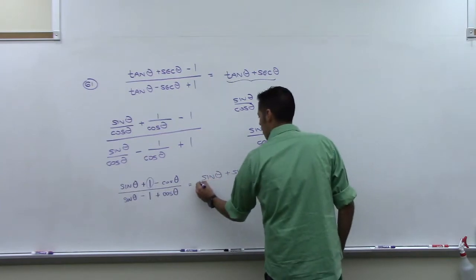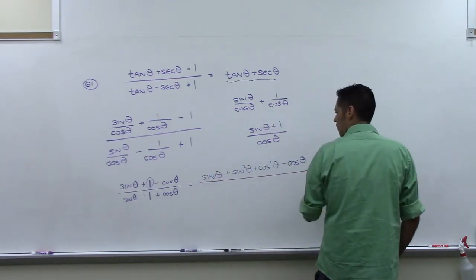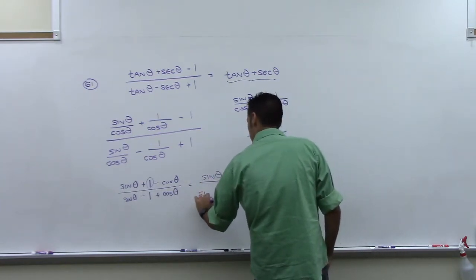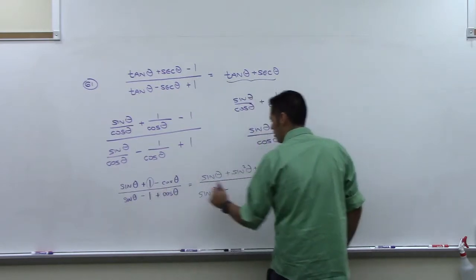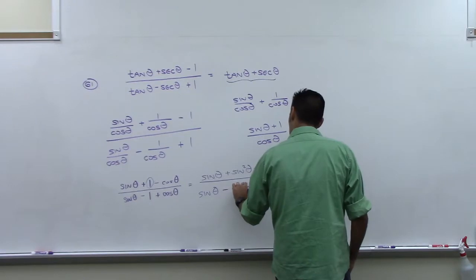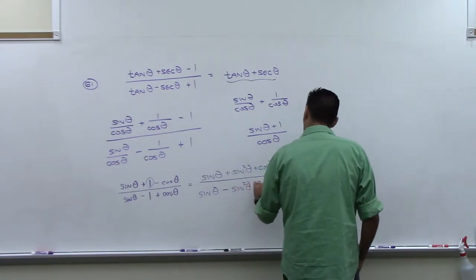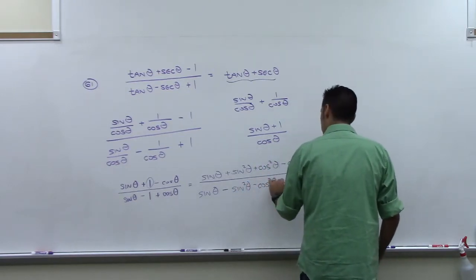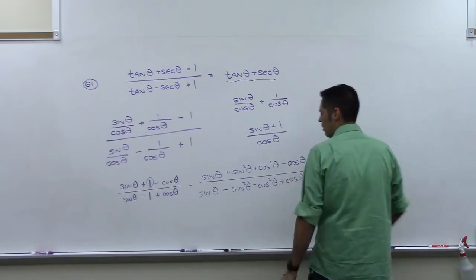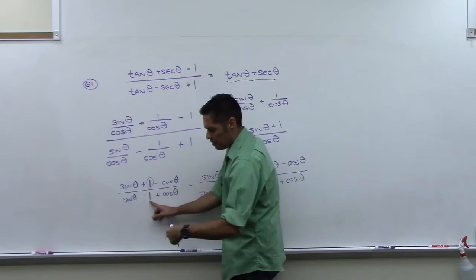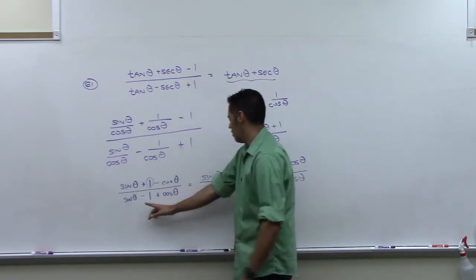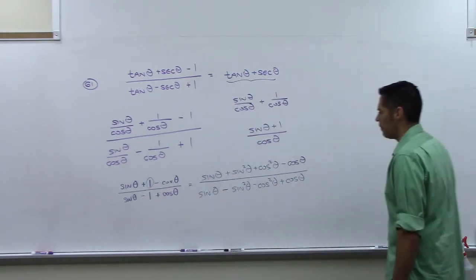And then over sine theta, then minus, now I'm going to rewrite that as a 1 again. It's going to be minus sine squared theta, minus cosine squared theta, and then I have plus cosine theta. So again, what I did there is this right here by itself, the 1 is sine squared theta plus cosine squared theta, but then there's a negative, so it distributes to both.